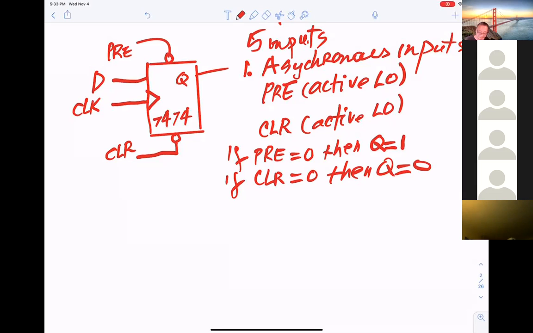So one thing, PRE and CLR cannot be 0 at the same time.